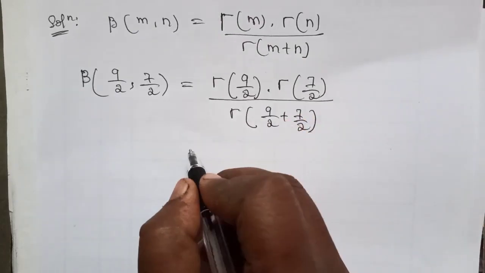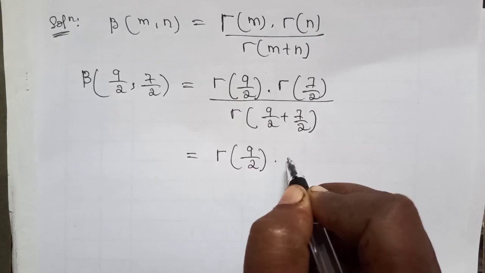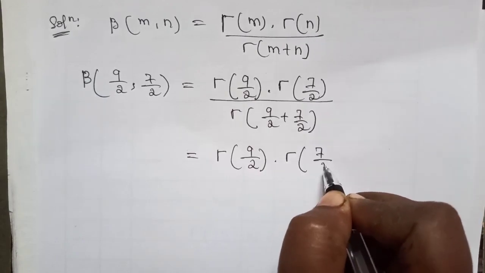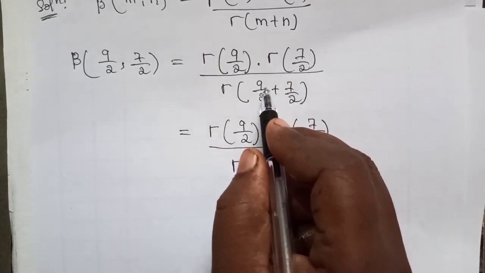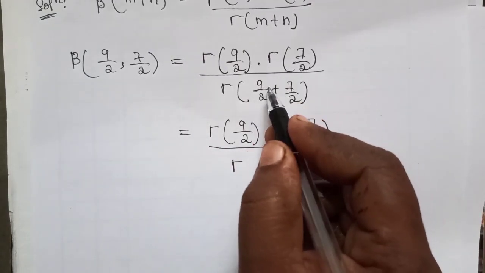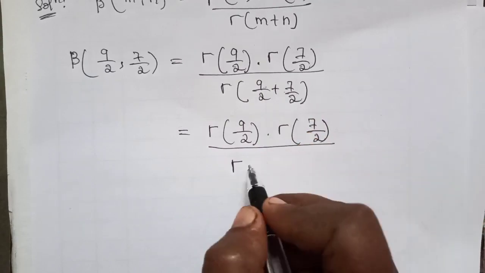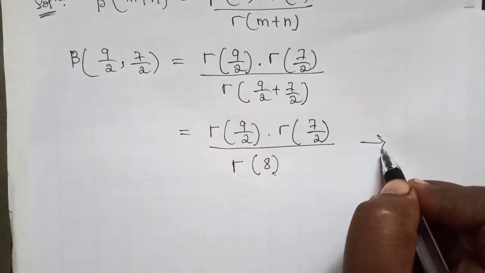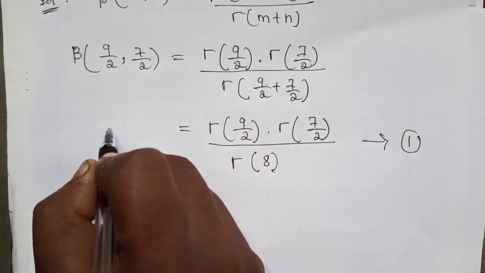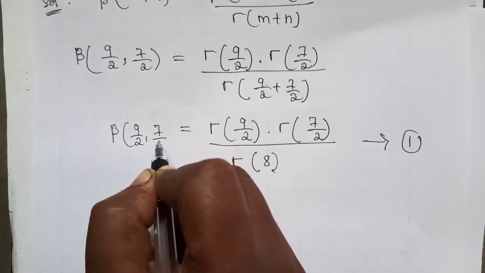Taking LCM, 9 plus 7 is 16, divided by 2 is 8, so gamma of 8. Consider this as equation 1. So this is the beta of 9 by 2 comma 7 by 2 value.